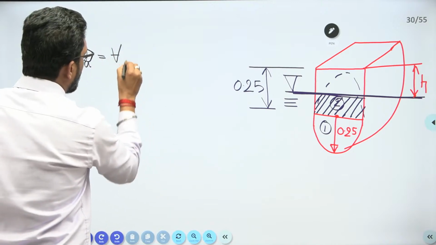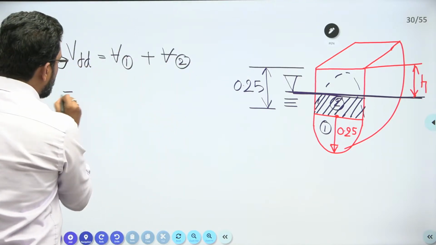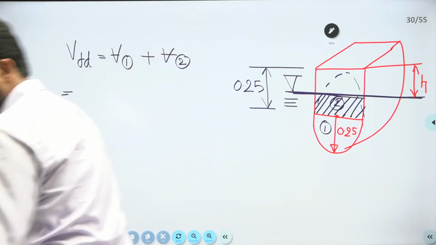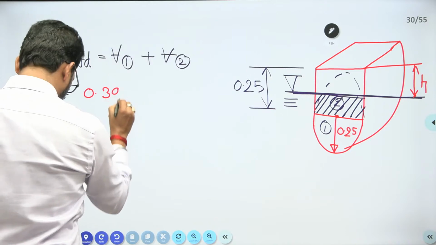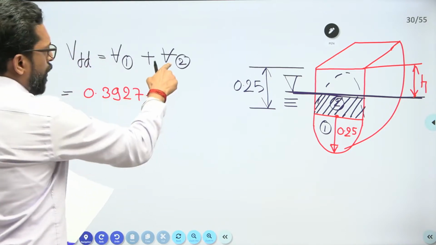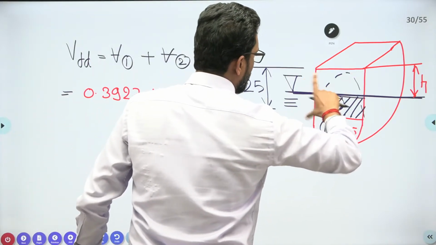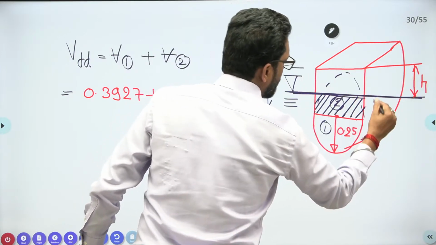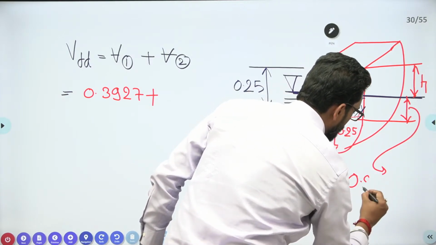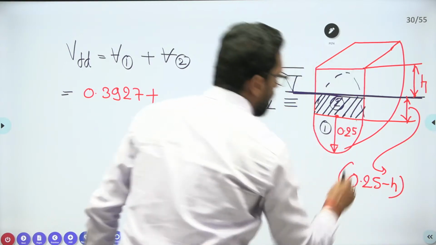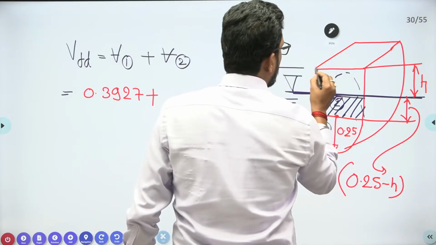The part that is a semicircle, you have already calculated how much it is, approximately 0.3927, plus the volume of this rectangular part, which has height 0.25 minus h. What is this part?